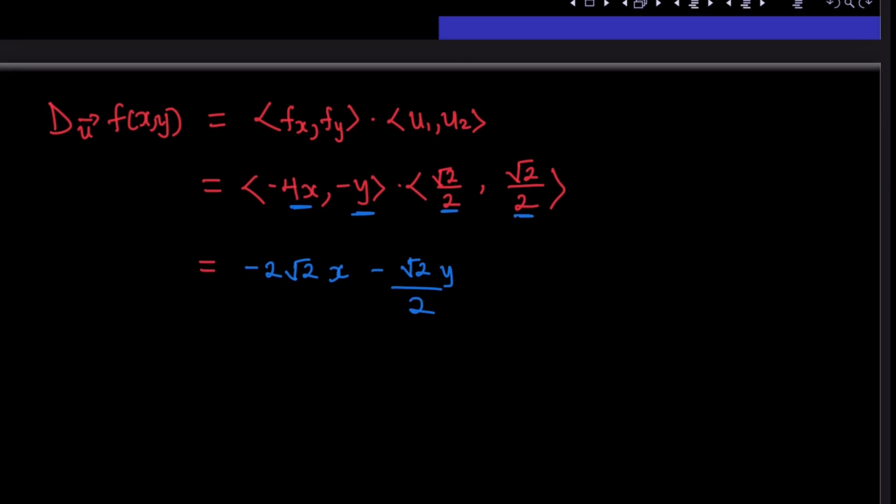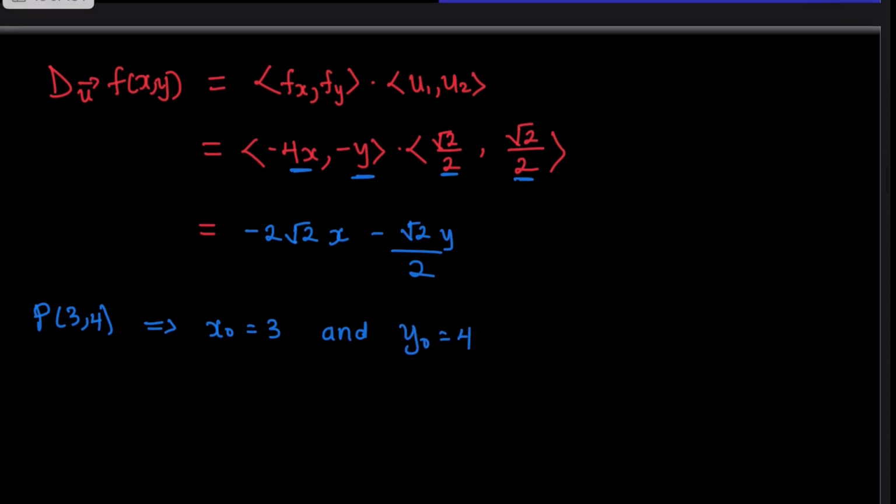Now we were told to evaluate this at the point P of 3, 4. So this implies that x naught is equal to 3 and y naught is equal to 4.